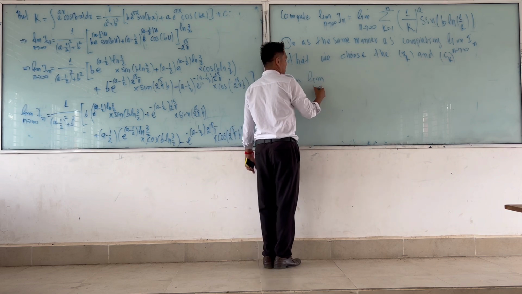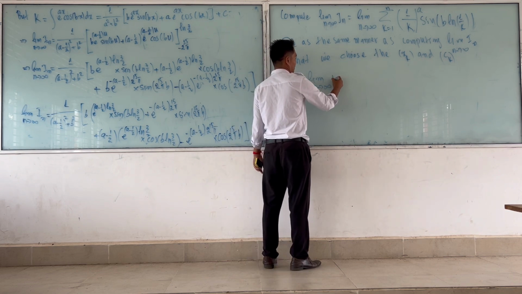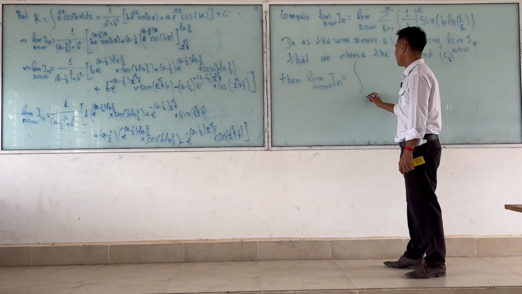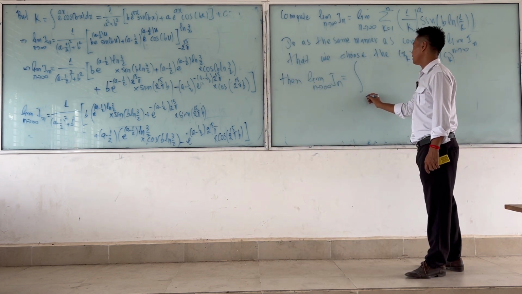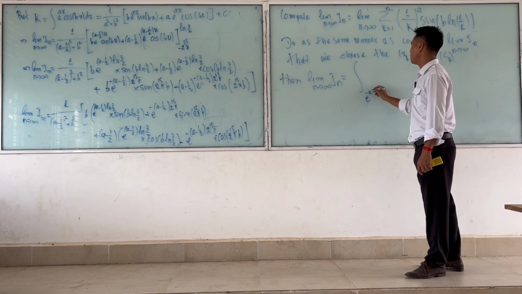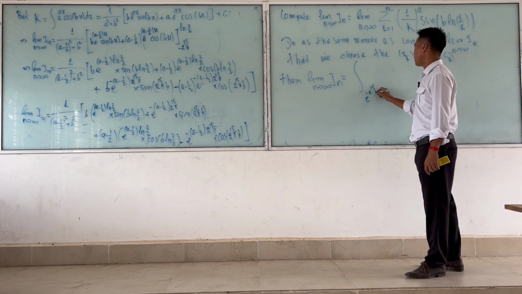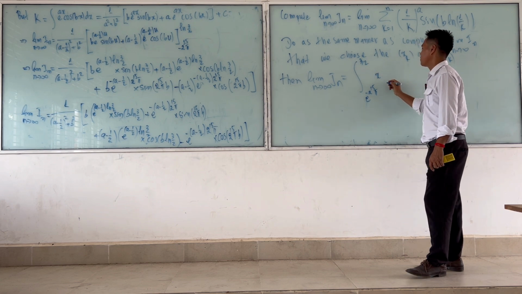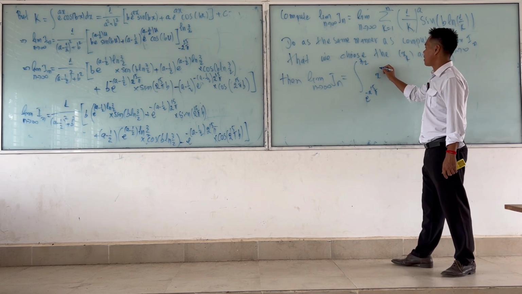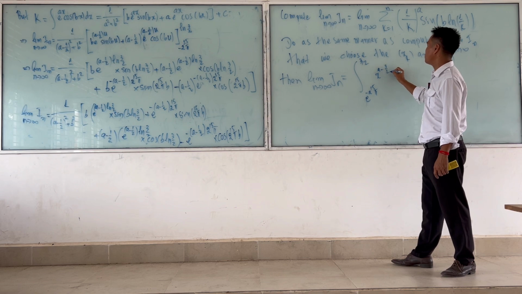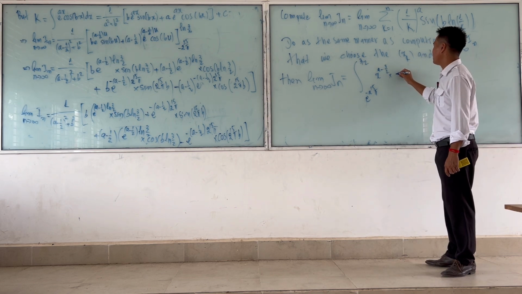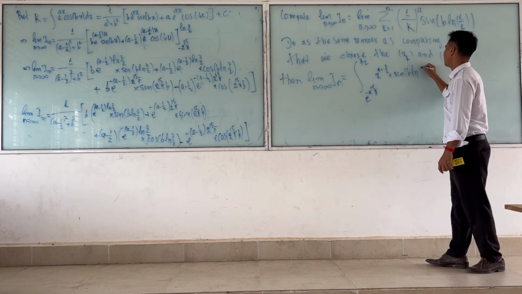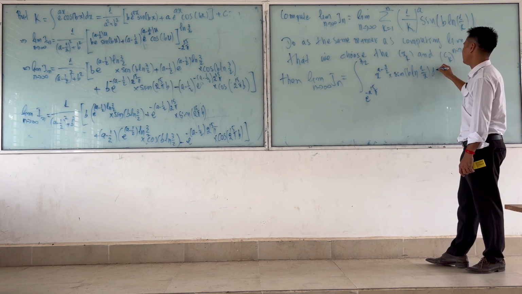the limit as n goes to infinity of Jn will be equal to the integral from e to the power negative 2 to the power 15 pi to 3 over 2 of x to the power a minus 3 over 2, multiplied by sine of b natural log of 1 over x dx.